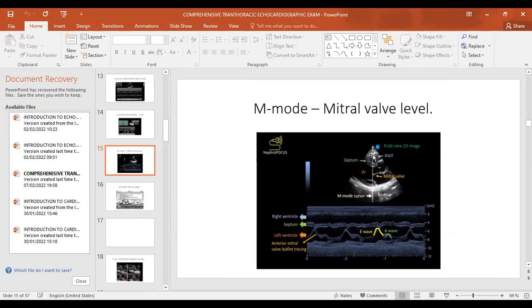So when you look at this line which is there, that is the scan line. Whatever is here, it's been depicted there. It's passing through this structure here. This structure where I'm pointing is the septum, and it's already marked as a septum.